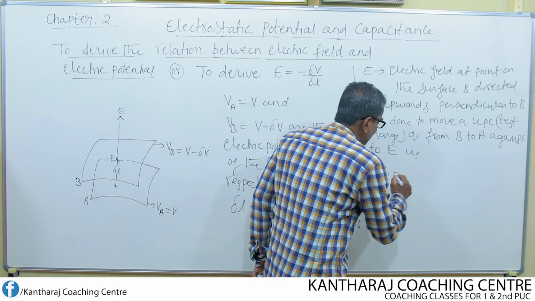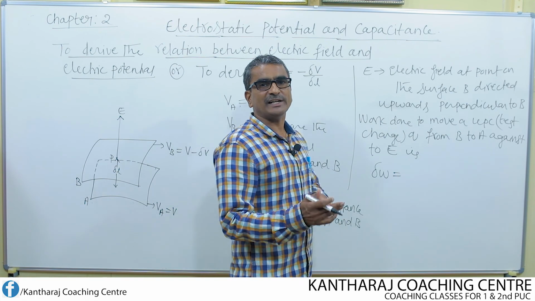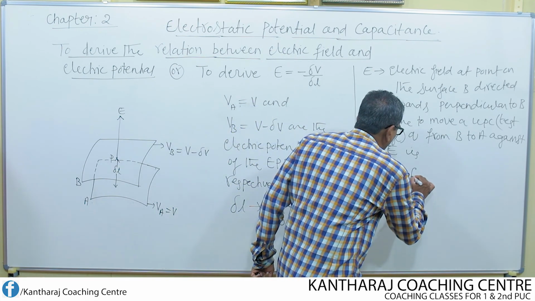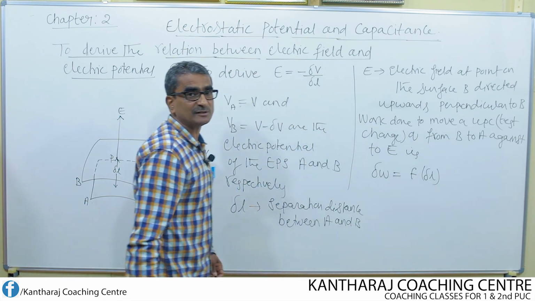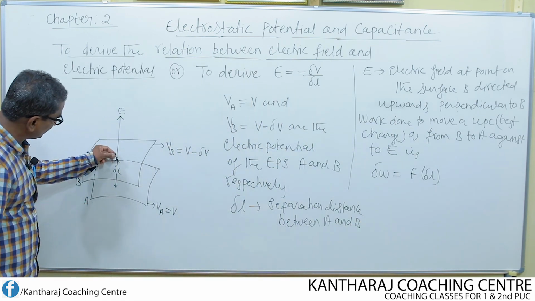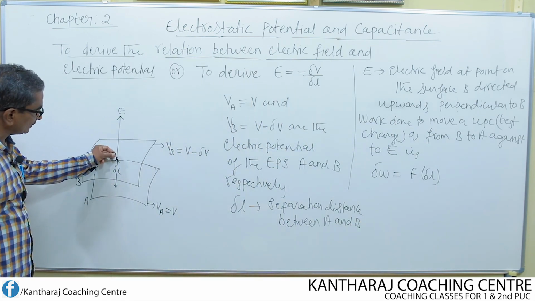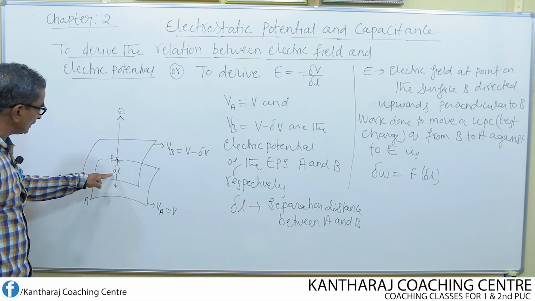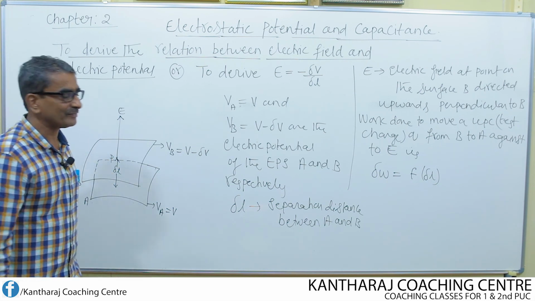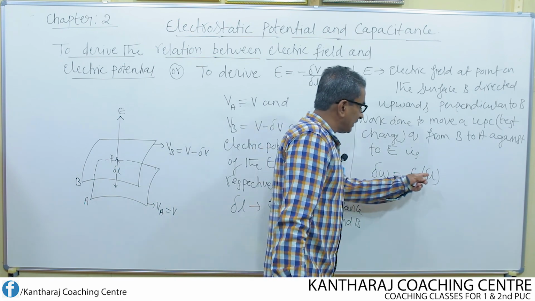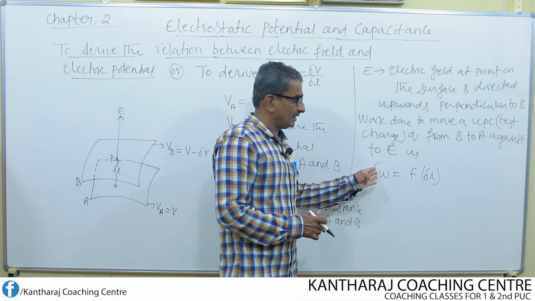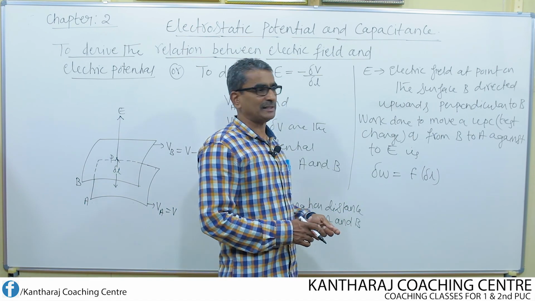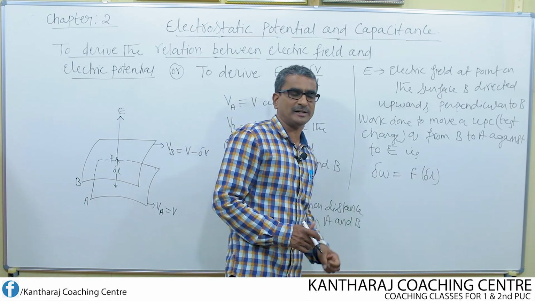That work done is given by force into displacement. Displacement means the distance moved from one surface to another, which is equal to delta L. This is the basic formula you might have studied in first PUC: work done is the product of force and displacement.